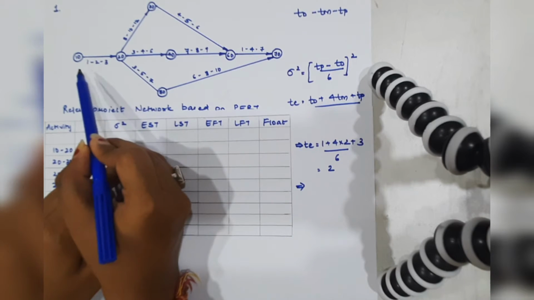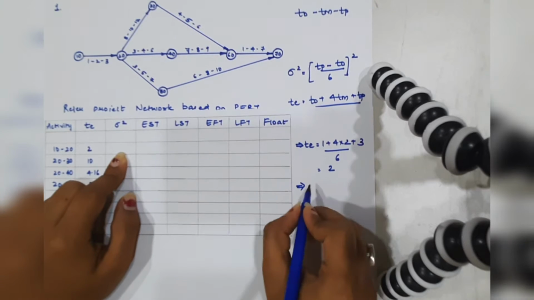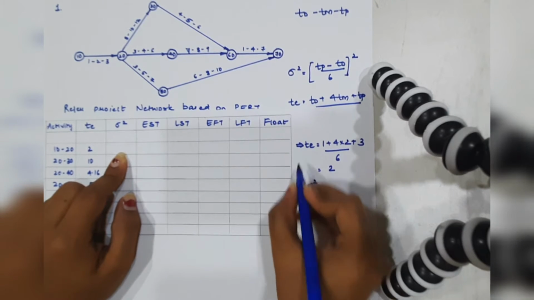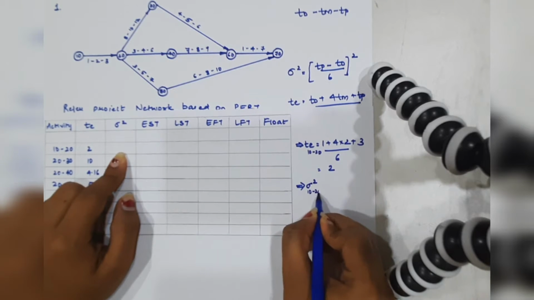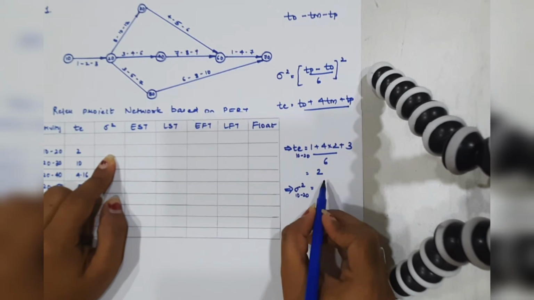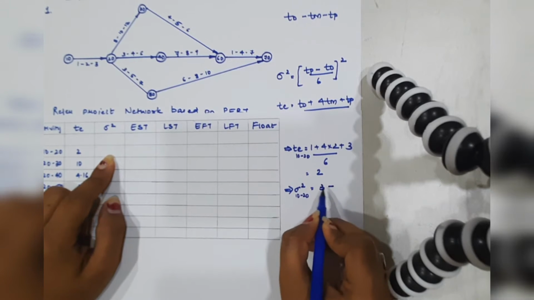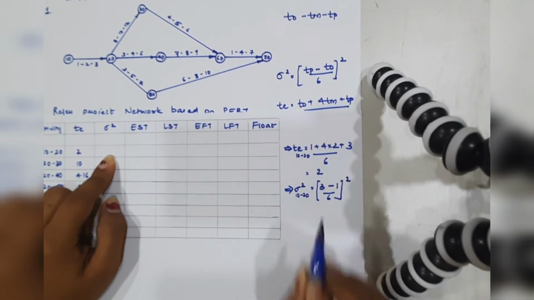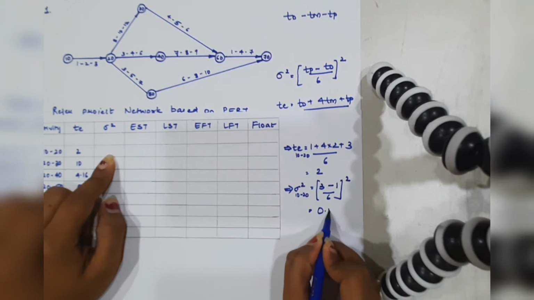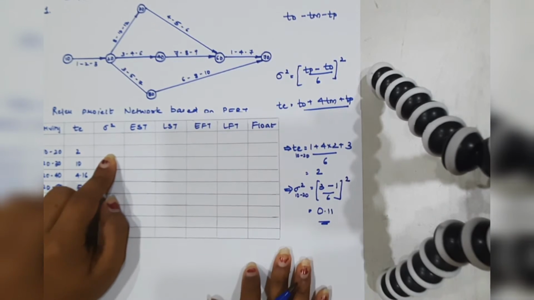TP here is 3 and TO is 1. So for 10 to 20, it would be (3 minus 1) upon 6, the whole square. This will give the value in decimal, 0.11.